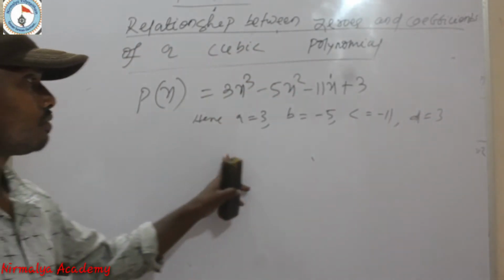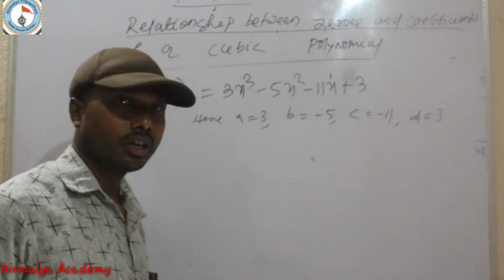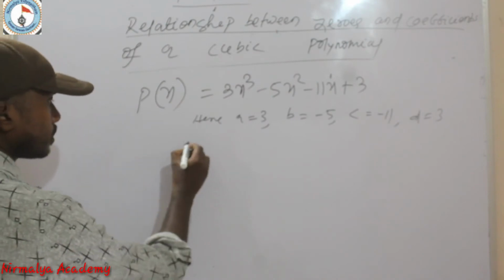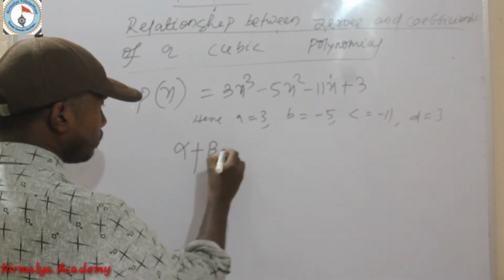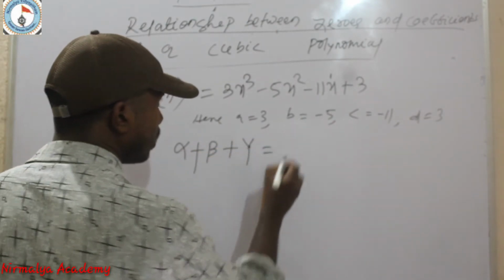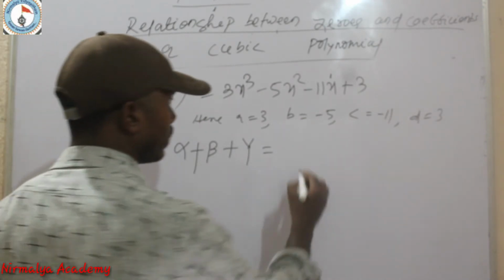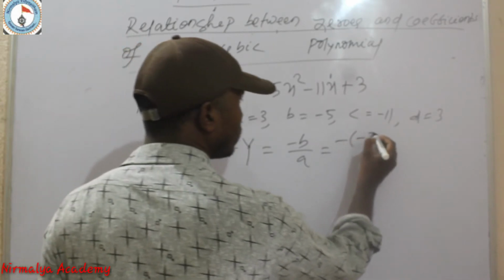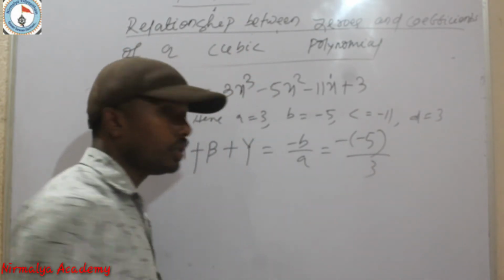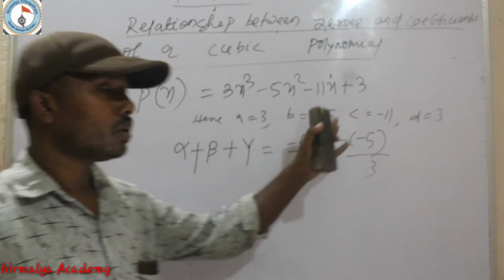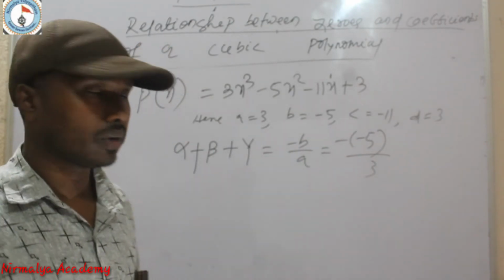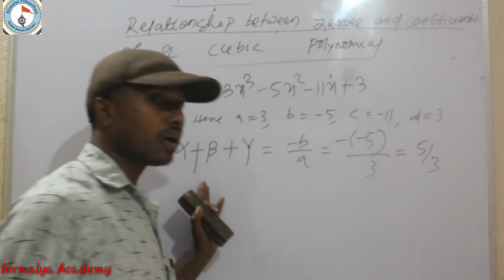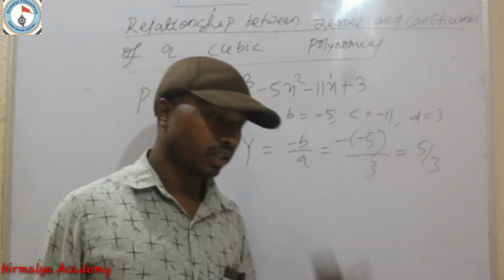These are the values of a, b, c and d. Now alpha plus beta plus gamma, that is the sum of zeros, equals minus b by a. So that equals minus into minus 5 by 3, because b is minus 5. So minus b, that means minus into minus 5, equals 5 by 3. So here the sum of zeros is 5 by 3.